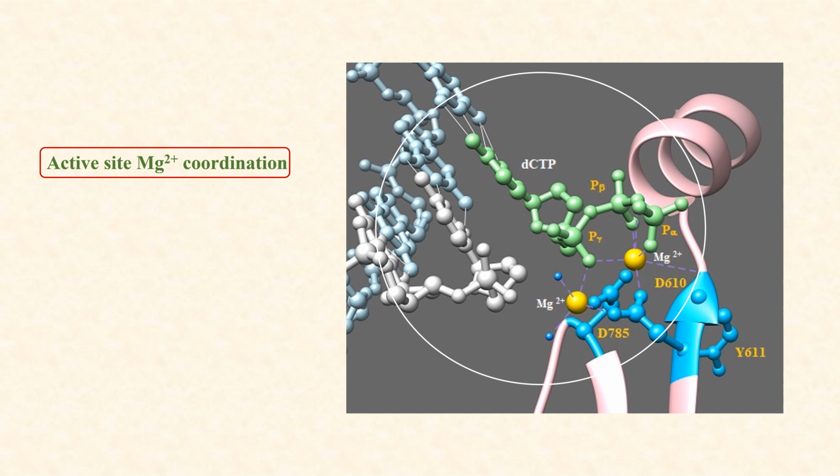This enables a magnesium ion to interact with the 3' hydroxyl of the primer and facilitate the proton transfer that we have seen in an earlier slide. And as it has been already described, the activated 3' oxygen attacks the alpha phosphate, resulting in the formation of a phosphodiester bond.